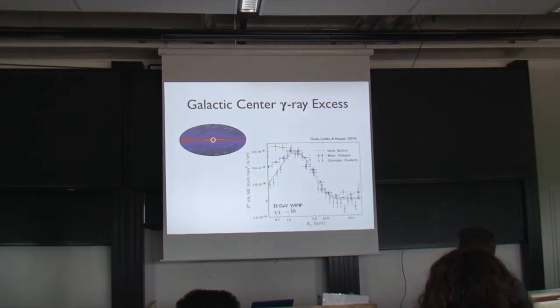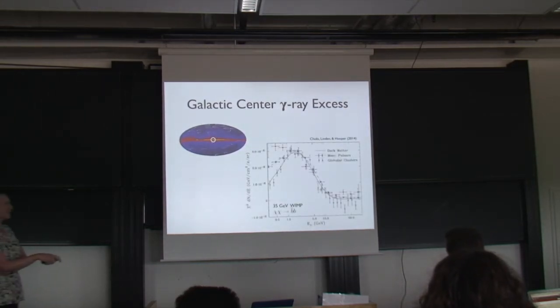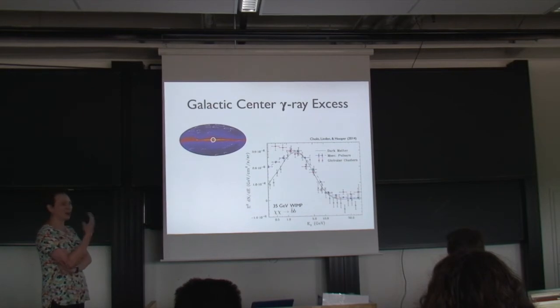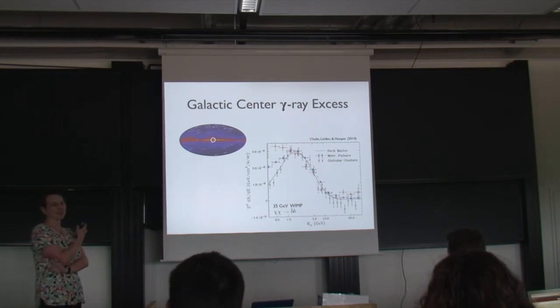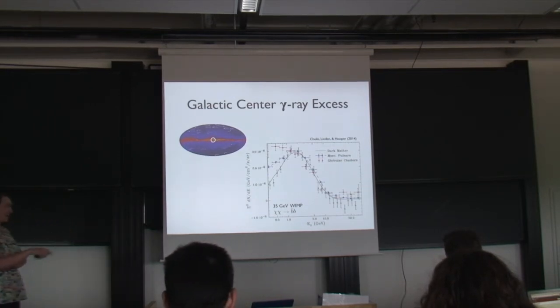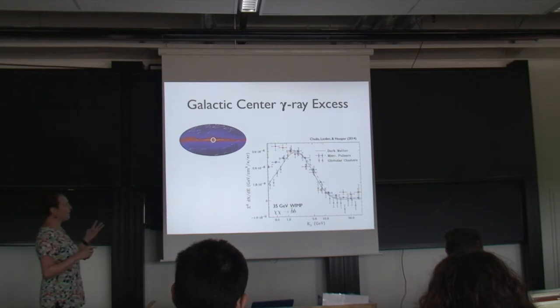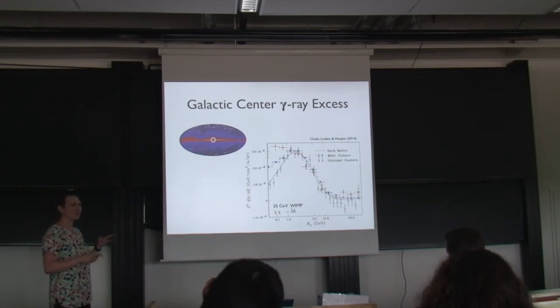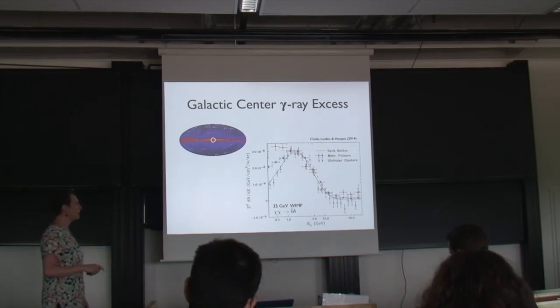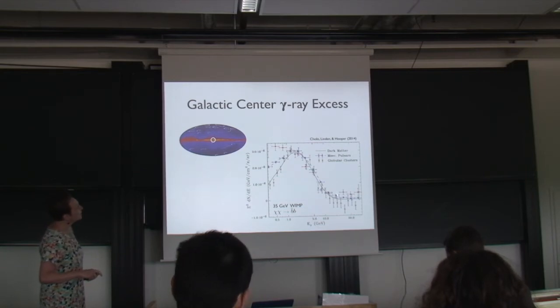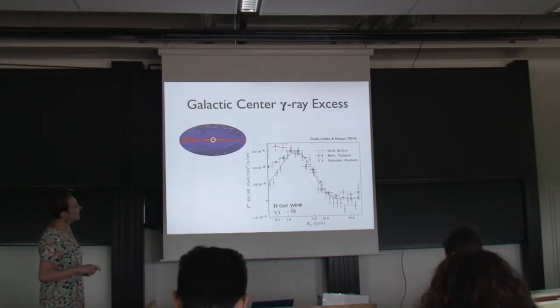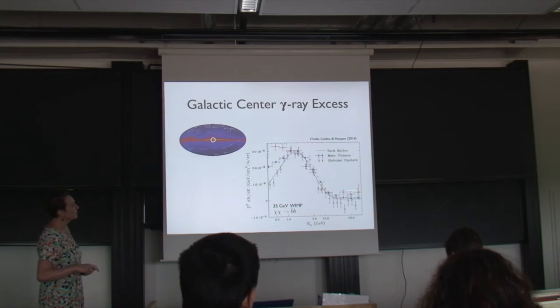Early analyses of the galactic center gamma ray excess seemed to indicate that dark matter was the best fitting explanation for these excess gamma rays. And so here's a plot from Cholis, Linden, and Hooper that shows 3 possible contributions to the gamma ray spectrum in the GeV range. The black data here are the data from Fermi with some massaging.